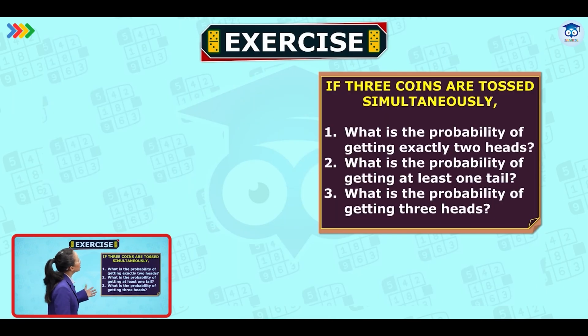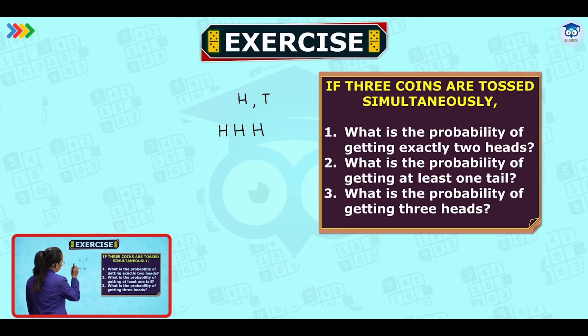If 3 coins are tossed simultaneously. So here, in one coin we can have only head and tail, right? But if 3 coins are tossed simultaneously, then there will be the possibility of getting head, head, head.